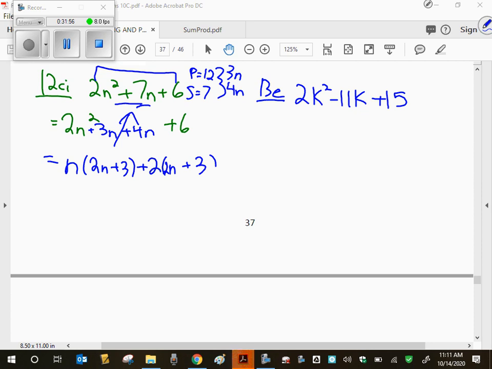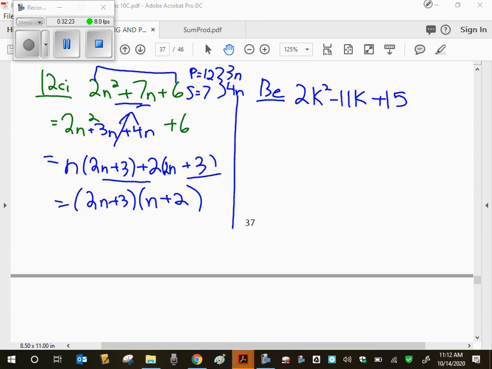I need a 2n plus 3, and that's exactly what I have. So I get a 2n plus 3 common binomial, and then n plus 2 as the second bracket. Anybody get that for the first homework question? Yep. Good stuff. Any questions on 12C1?